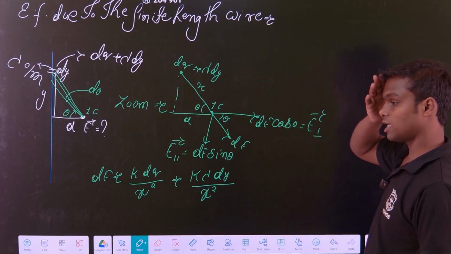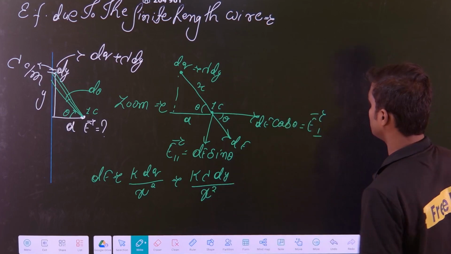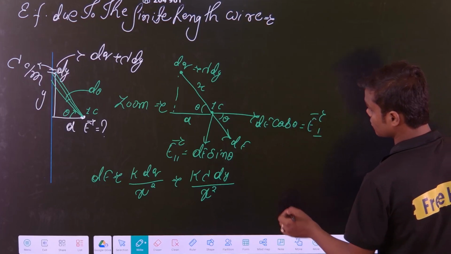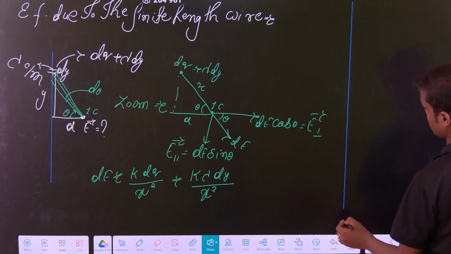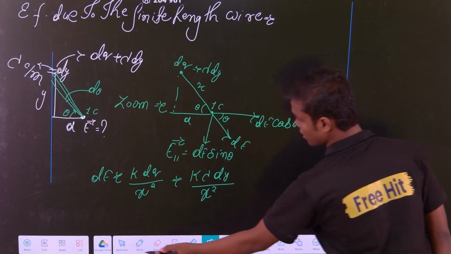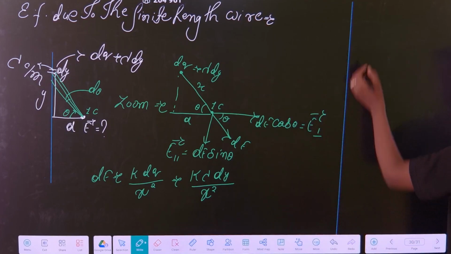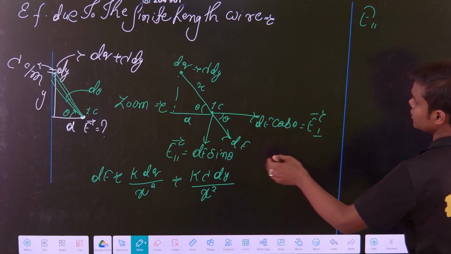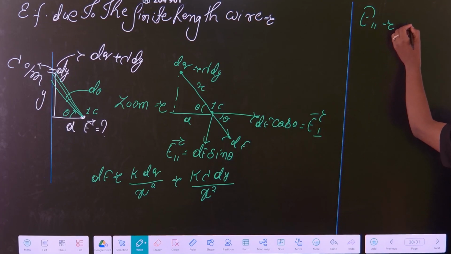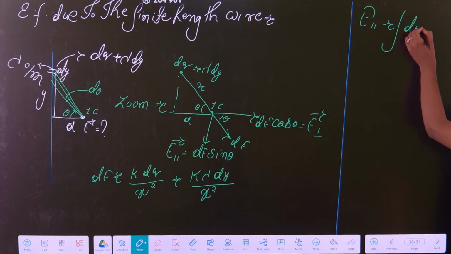Now you have to put this here and integrate, clear? So let us start the integration. Suppose first we are going to calculate E parallel. What is E parallel? E parallel is defined as the integration of dE sin theta.